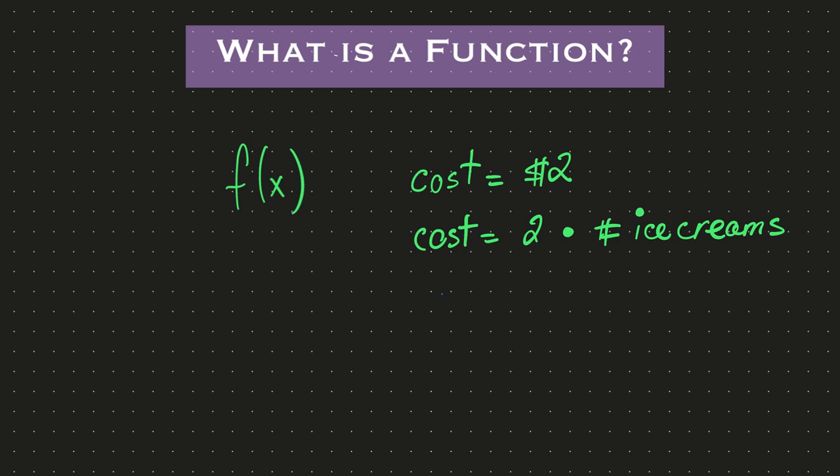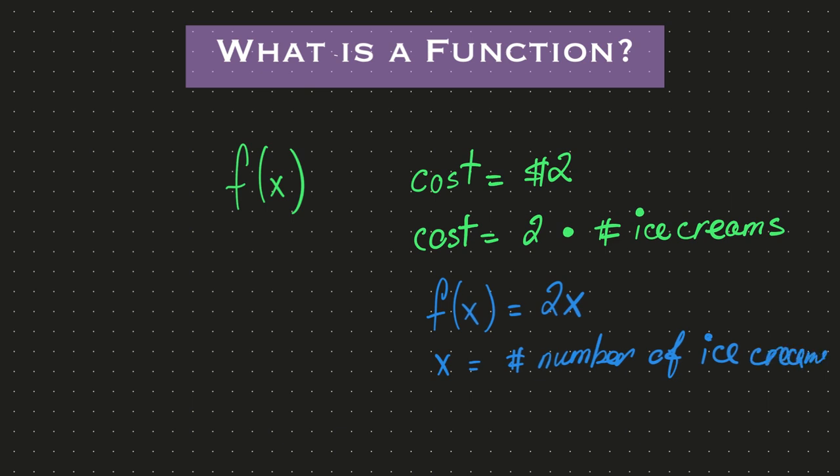So in function language, we will write this like this: f of x equals 2x. And that's writing the rule, where x is the number of ice creams, and then f of x will be the total cost.